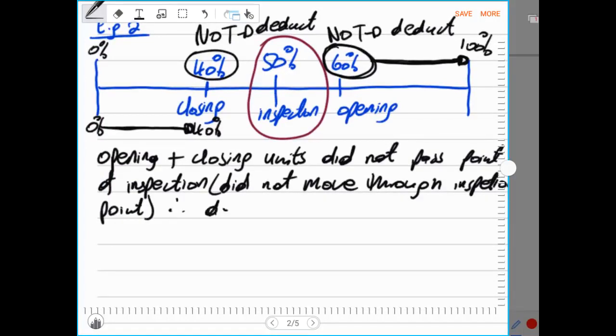Therefore, deduct the units that did not pass the point of inspection.